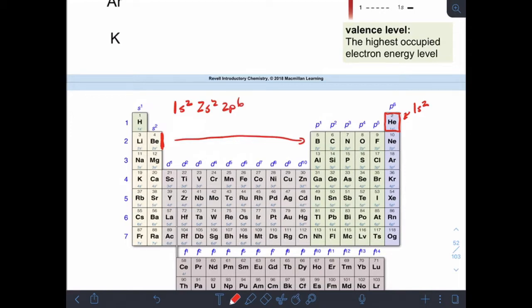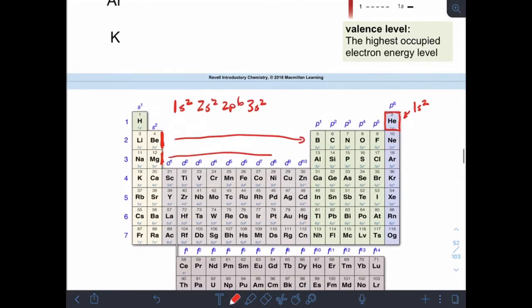Now I'm in row 3, and sodium's 3s1, magnesium's 3s2. When I get an s2, I list it. Then I continue straight across. Aluminum is at 3p1. 3p2, 3p3, 3p4, 3p5, and 3p6 is argon. 3p6.